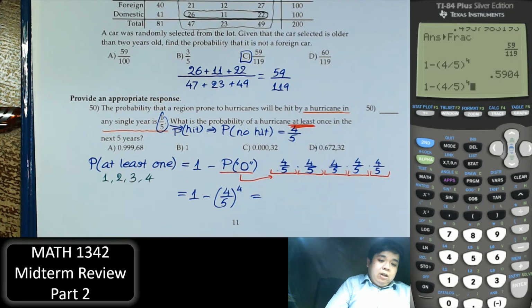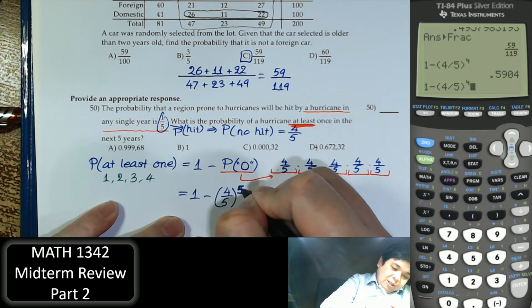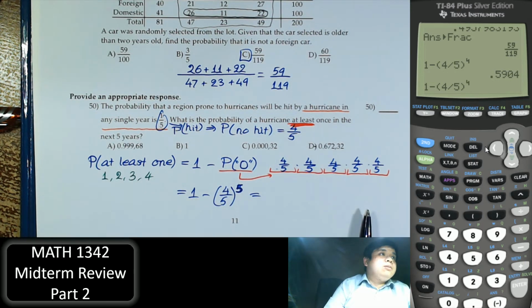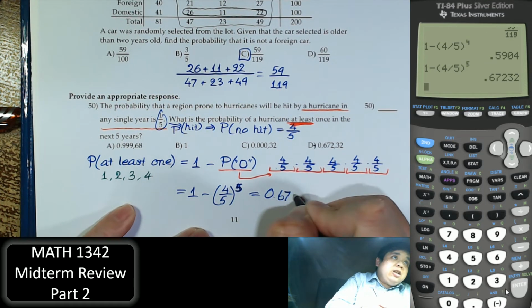Sorry, there are 5 years, right? To the 5th power. So 0.672.